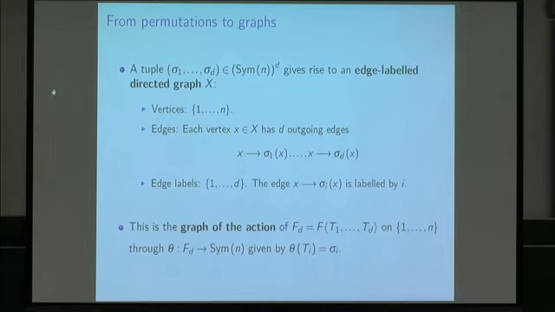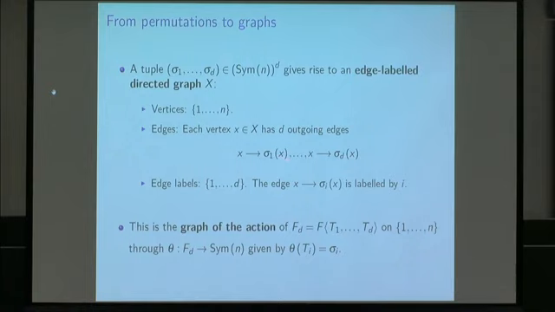The edges, which are directed, go from each vertex x, which again is a number from 1 to n, to sigma i applied to x. So I have d outgoing edges per vertex. And each such edge is labeled by a number from 1 to d, indicating which permutation I used to get this edge.